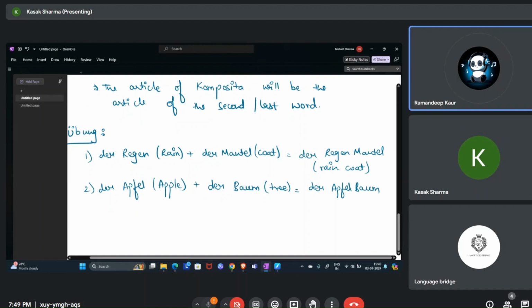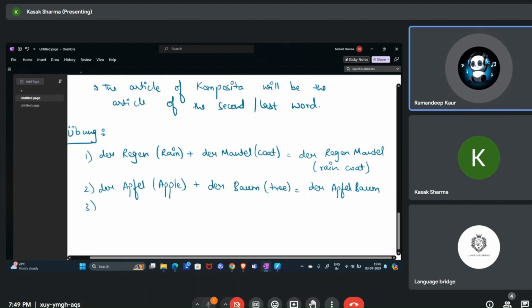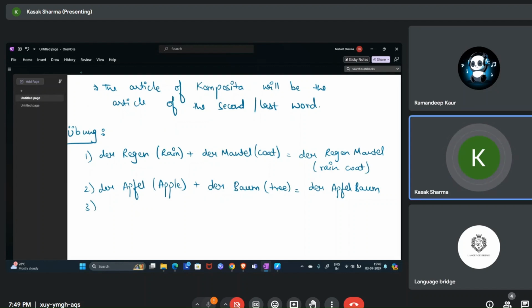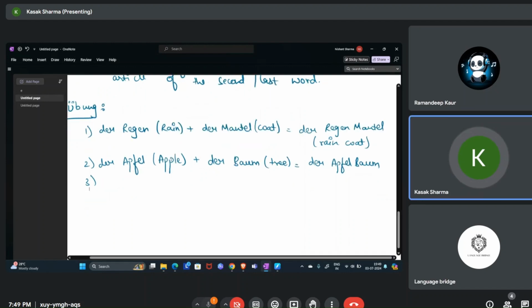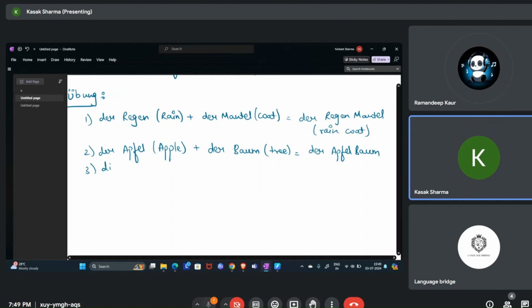Here we don't add the S or N. In these two compound words, we don't use S and N. Yes, there are some cases where we don't use S or N, and some cases where we use S. So it all depends. You will get to know these.